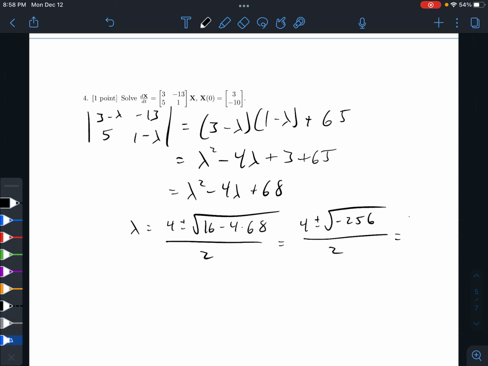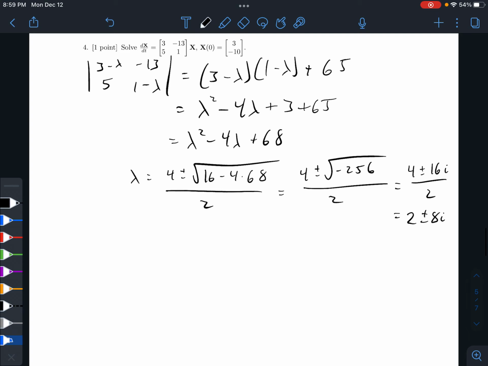Yeah, okay, cool, this is good. 256 is 16 squared, so the square root of negative 256 is 16i. So this is 2 plus or minus 8i. And yeah, these would be our eigenvalues. We need our eigenvectors next.